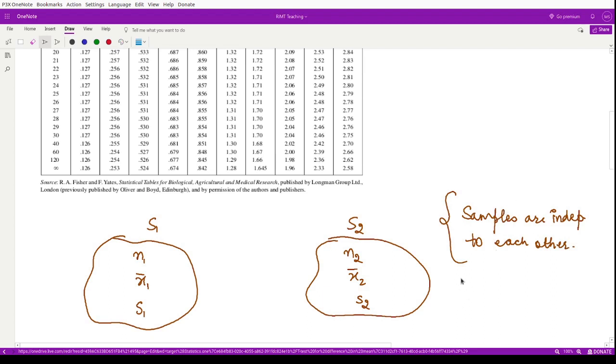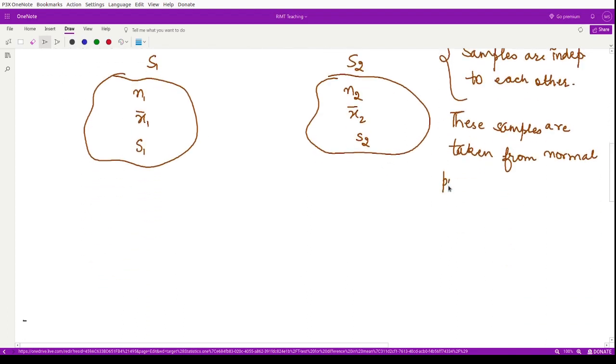We assume that these samples are taken from normal populations having mean mu1 and mean mu2.